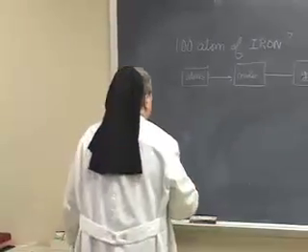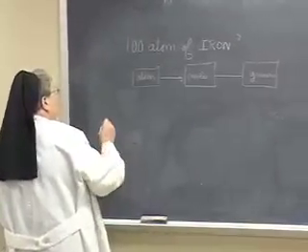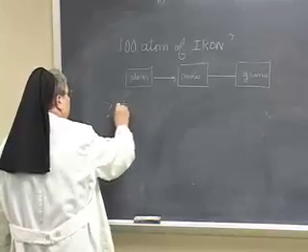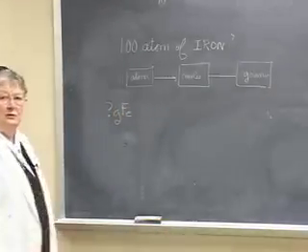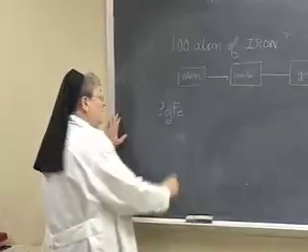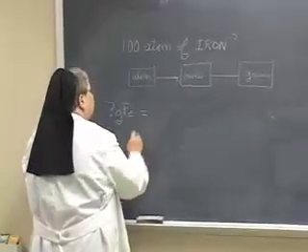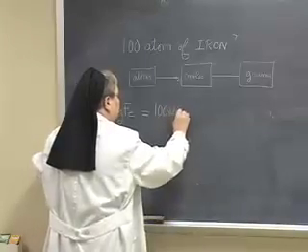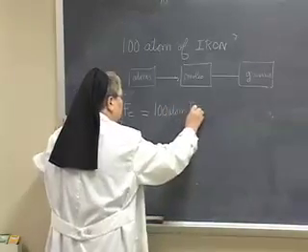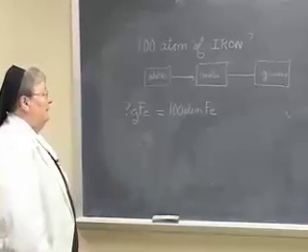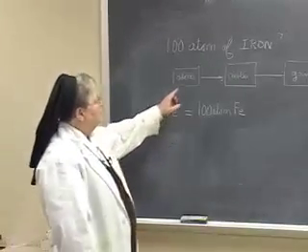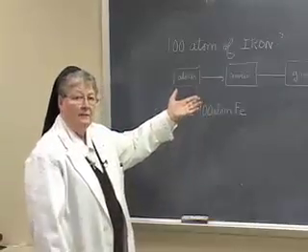So let's say then, answering the question, how many grams of iron? I'm going to use the symbol for iron, which we know to be Fe. That's what I want to know. And what I'm given is that I have 100 atoms. Now, we have to use 2 conversion units.